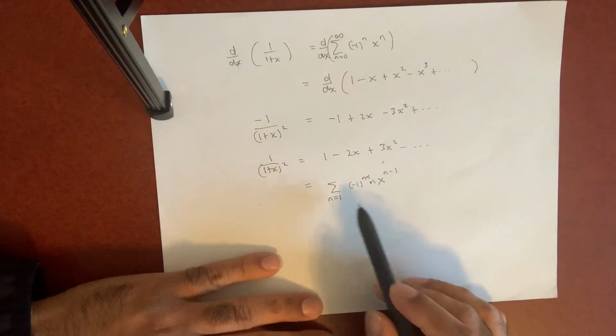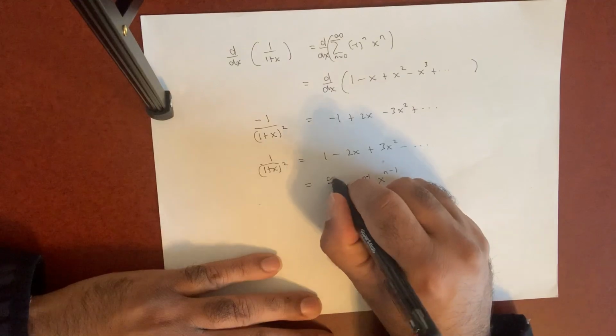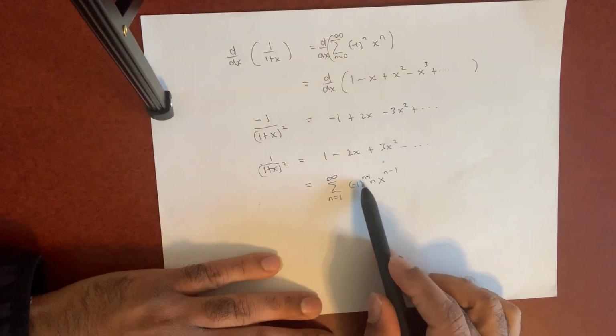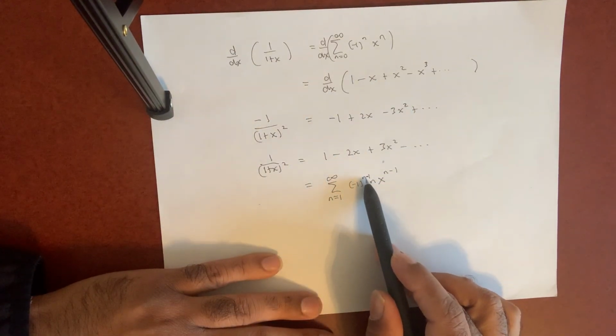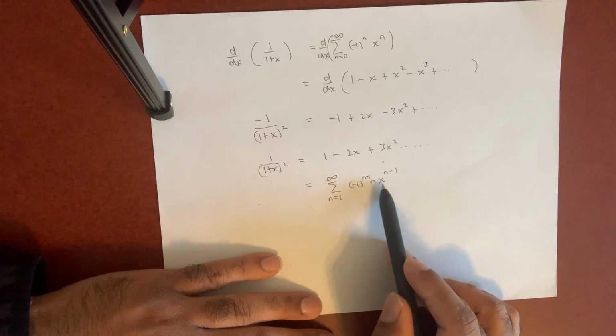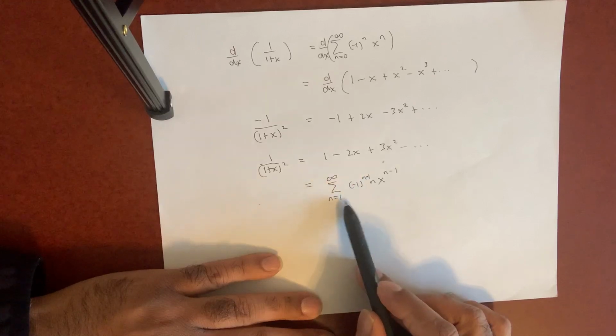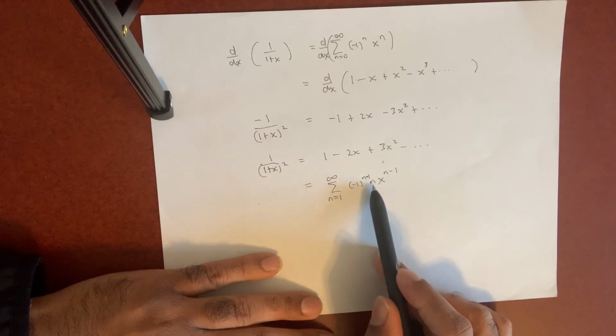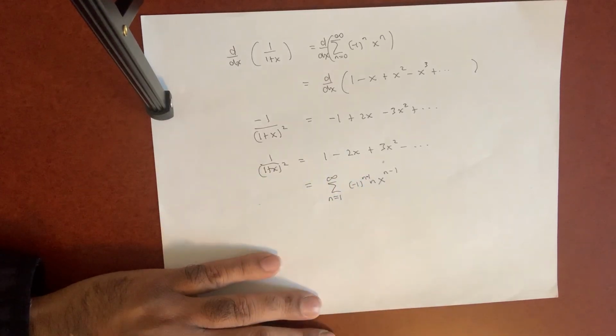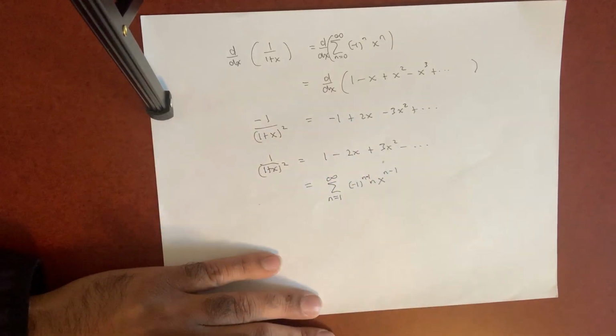Okay, so let's just check this out. When n equals 1, we get -1 to the 0th power, which is 1, times x to the 0, which is 1, so we get 1. The next term, we plug in 2, we get -1, and then 2 and a single power of x. So this is going to correspond correctly.